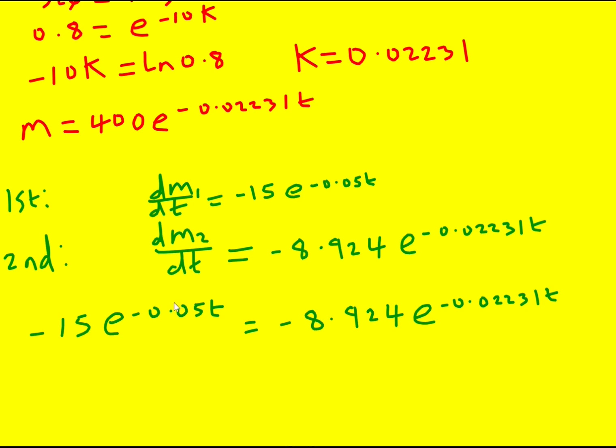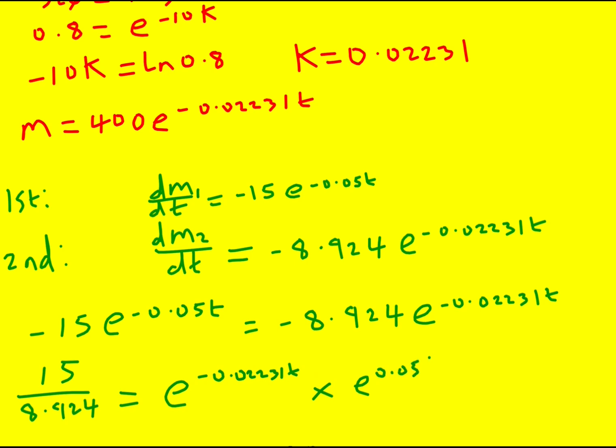What I can do is divide by e to the minus 0.05t, which is the same as multiplying by e to the 0.05t. Then I can divide by minus 8.924, and the double negative will mean I get 15 over 8.924. That's going to equal e to the minus 0.02231t times e to the 0.05t.